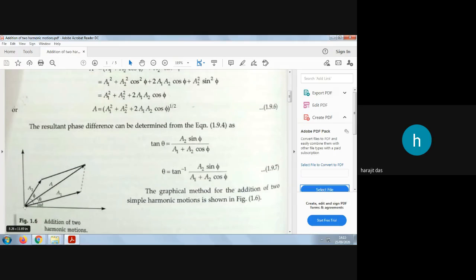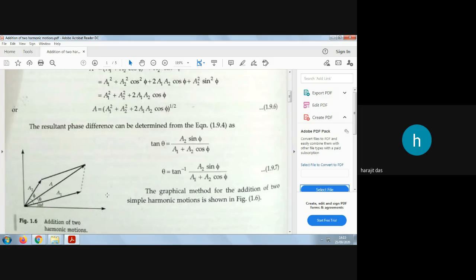By graph. Let us consider two axes which are mutually perpendicular. This is one horizontal axis, and here is the vertical axis where the angle is 90 degrees. You can say this is the x-axis and this is the y-axis.